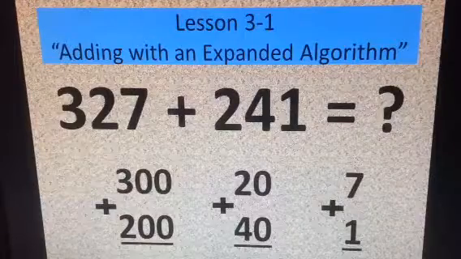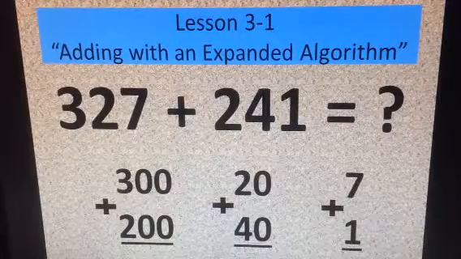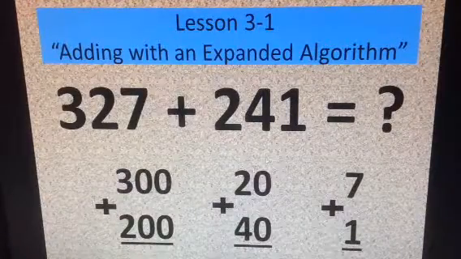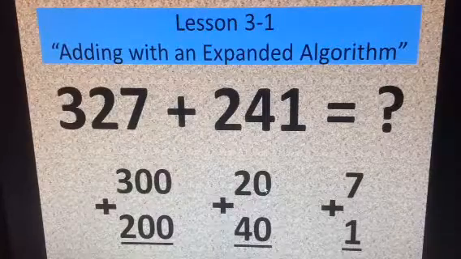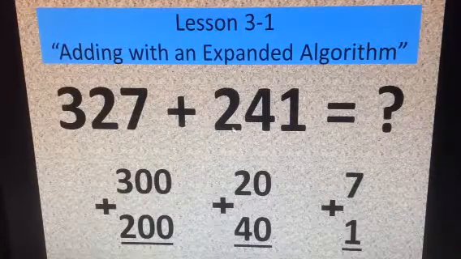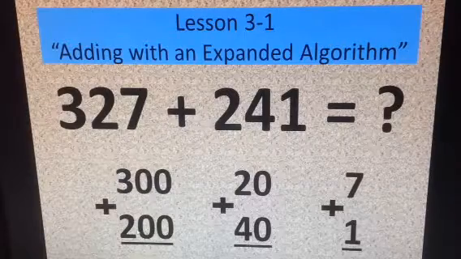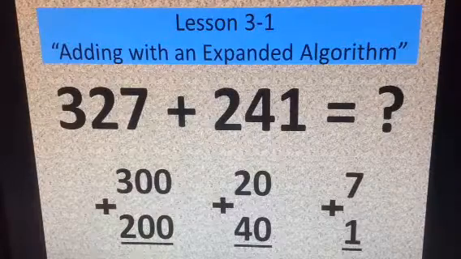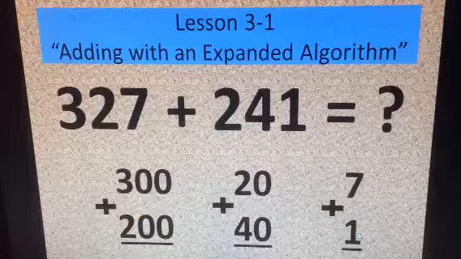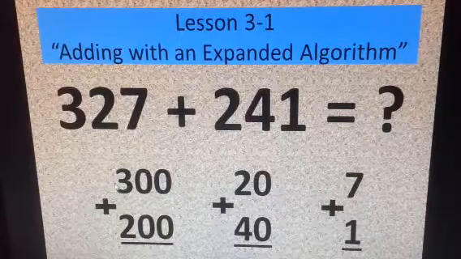We took the 327 and broke it into 300 and 20 and 7. We took the 241 and broke it into 200, 40 and 1, so kind of pulling it apart by place value. Then we did the addition on these.